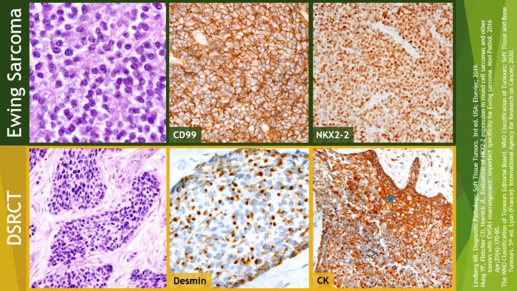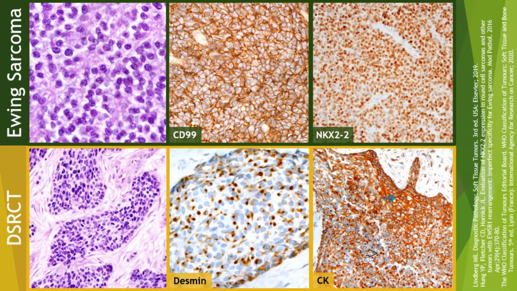DSRCT shows perinuclear dot-like desmin positivity, but it should be negative for myogenin and MyoD1, which would make rhabdomyosarcoma less likely. DSRCT is also pancytokeratin and EMA positive. It may also express neuron-specific enolase or NSE. CD99 is also variable and it may be cytoplasmic.